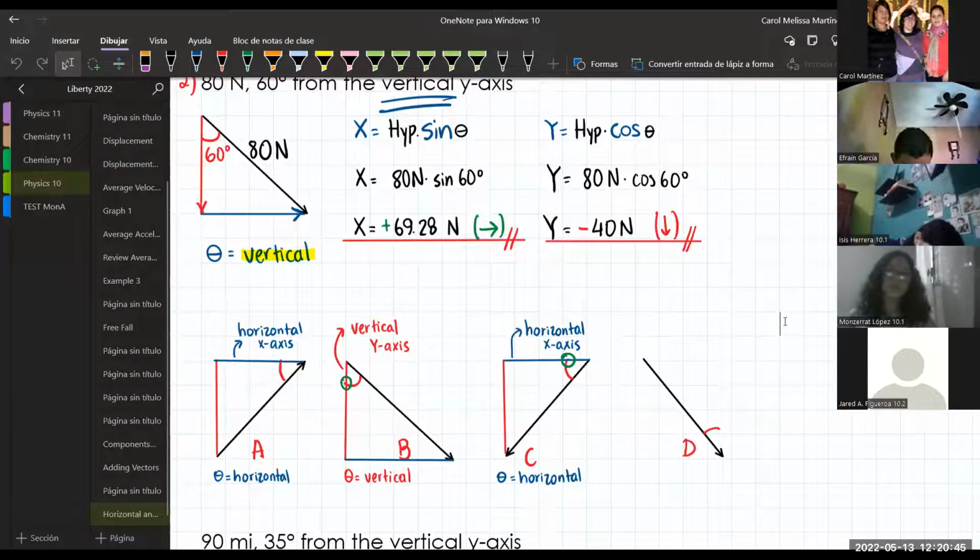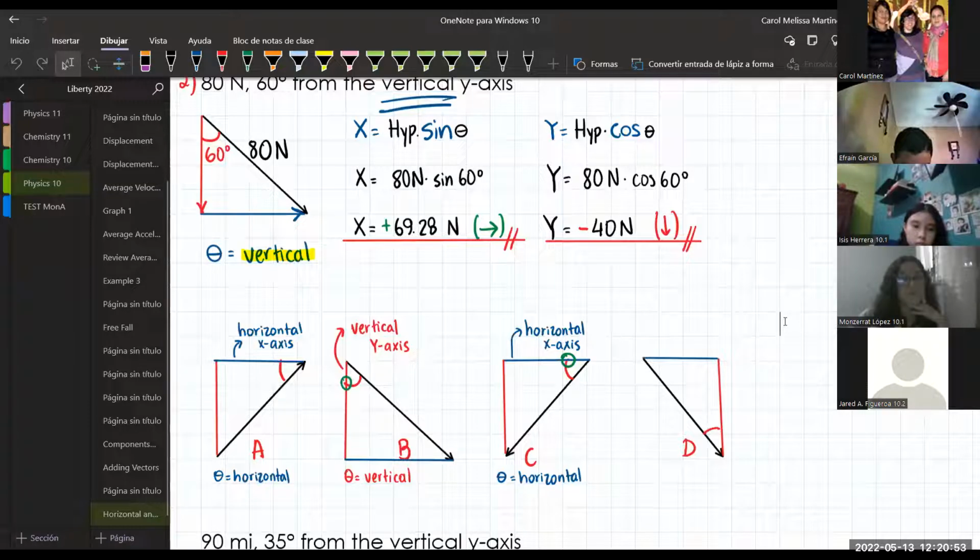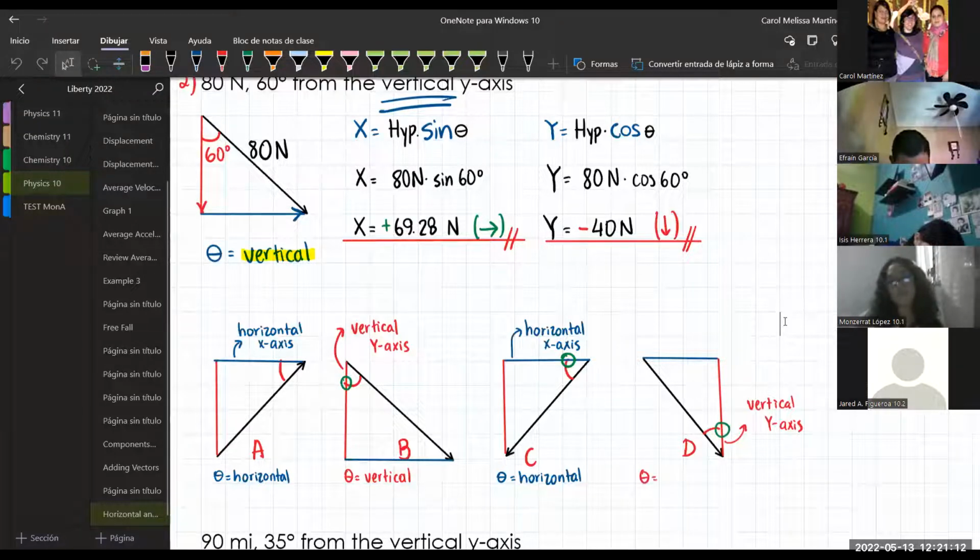What about this one? My angle is touching this axis from here. Is this axis horizontal or vertical? Vertical. y-axis. Therefore, this is vertical angle.